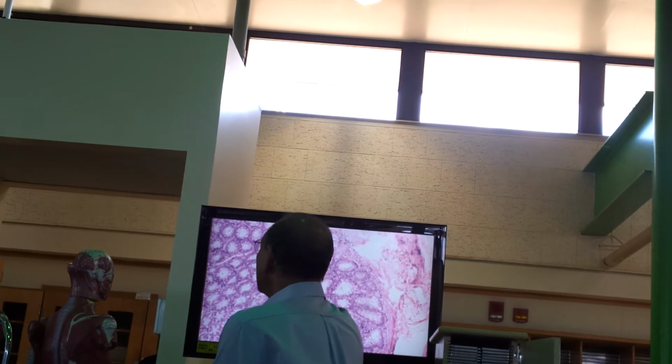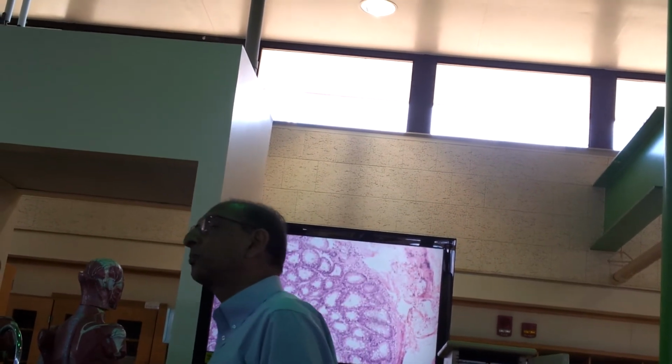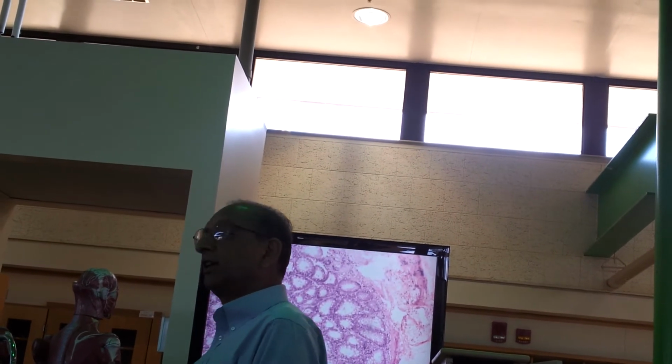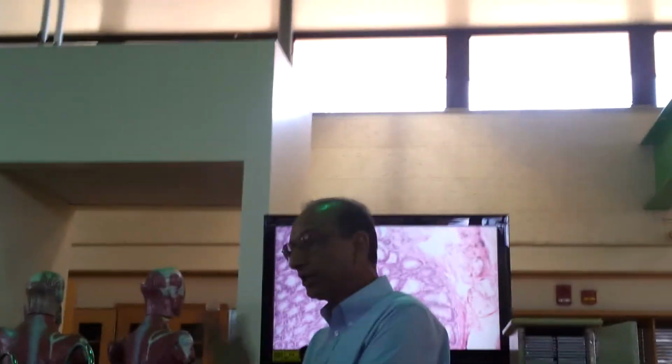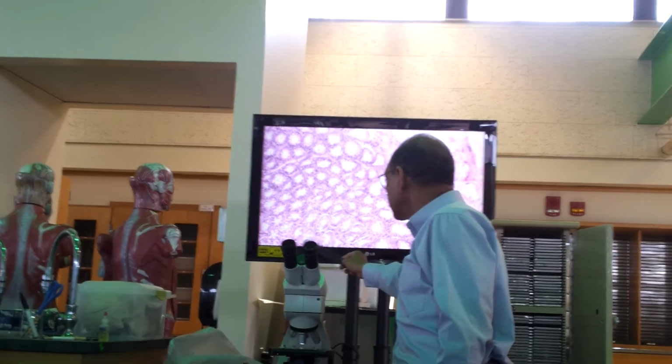And the mucosa in the large intestine, the distinctive feature is many goblet cells, a huge number of goblet cells, and these goblet cells make mucus for lubrication of fecal matter, for passage, and these cells look empty. See all these empty cells here?